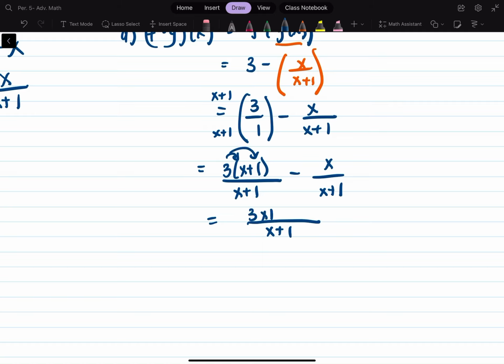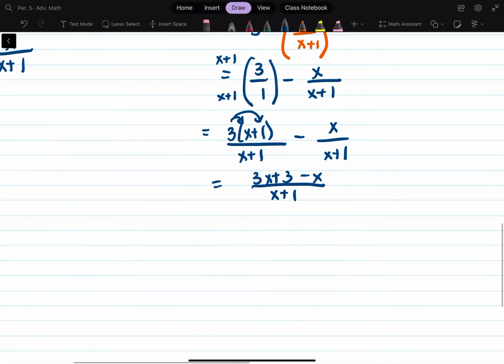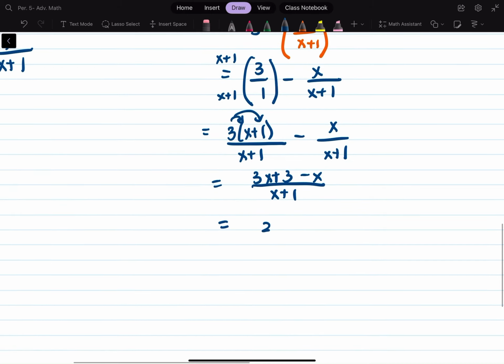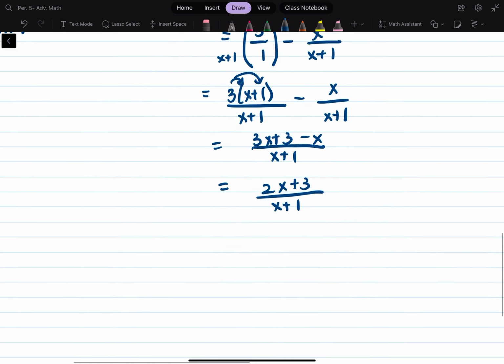This will give me 3x plus 3 minus x. The 3x and the minus x can be combined to a 2x plus 3 over x plus 1. This can no longer be simplified, and this is what the composition of functions looks like. So my new function f of g of x is defined as 2x plus 3 over x plus 1.